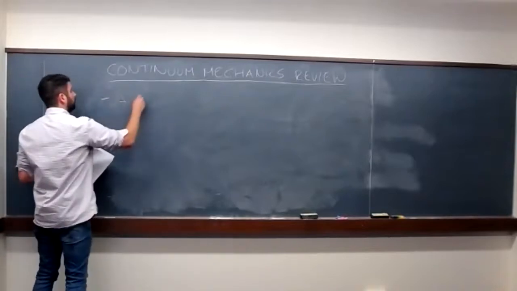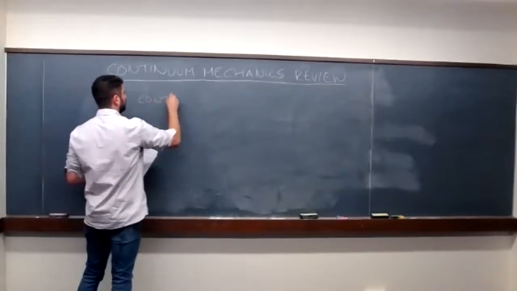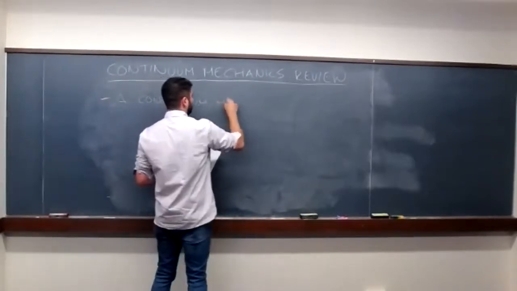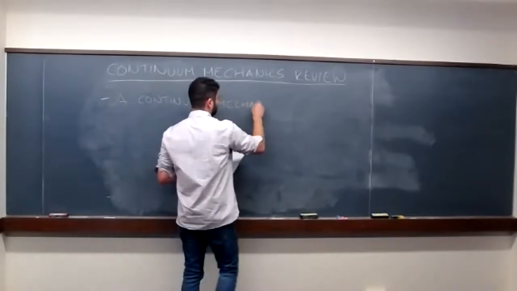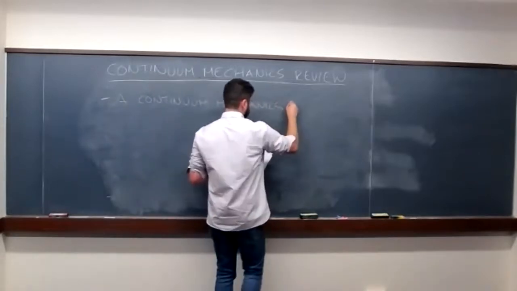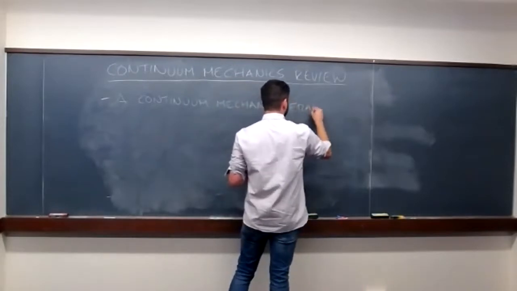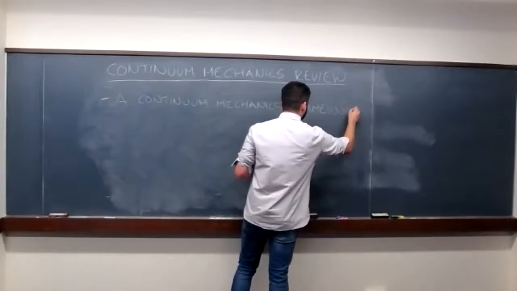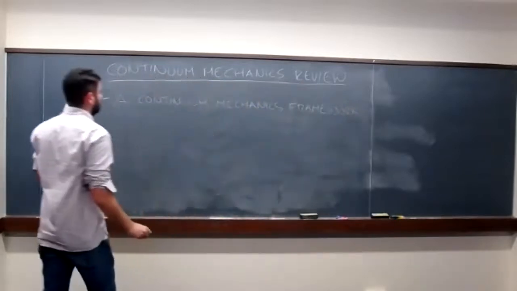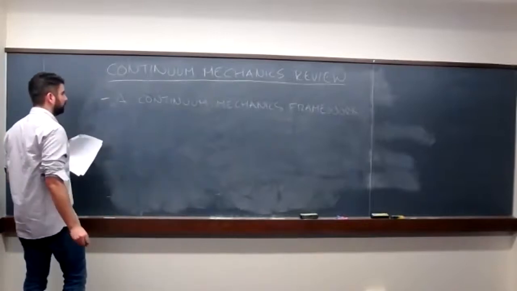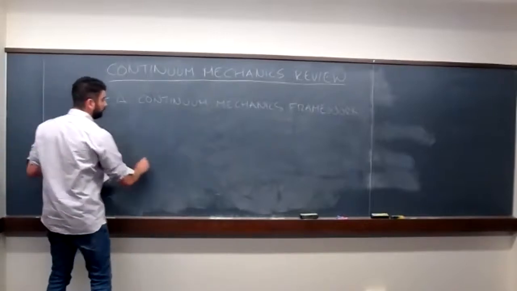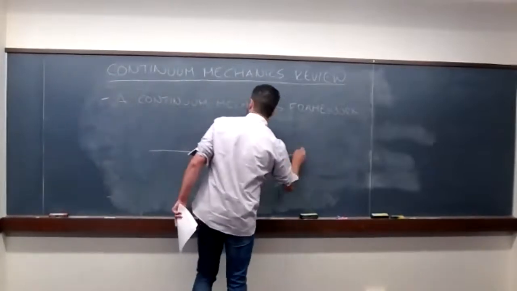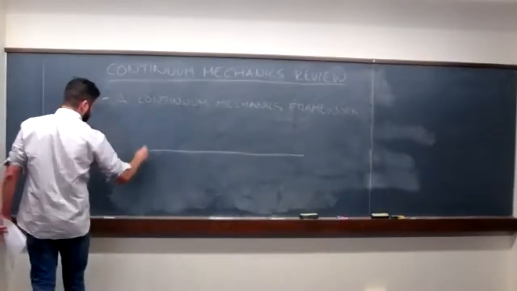So a continuum mechanics framework. I'm using the word continuum mechanics, but we're going to be using it down at the micro scale. So I want to draw a little chart here as we talk about scales and how we model things before we start off.